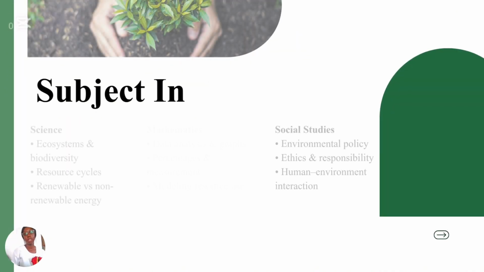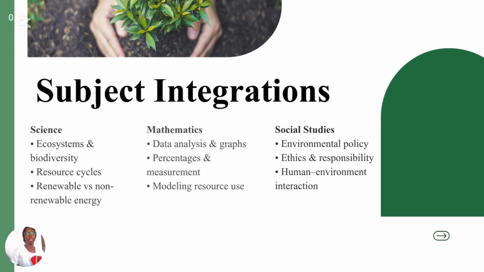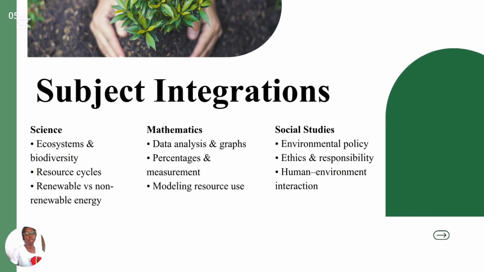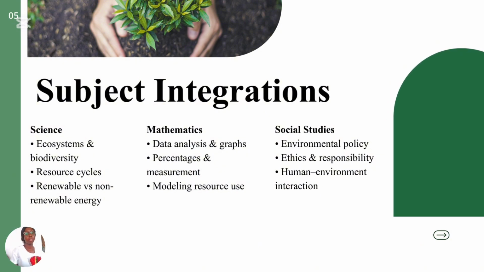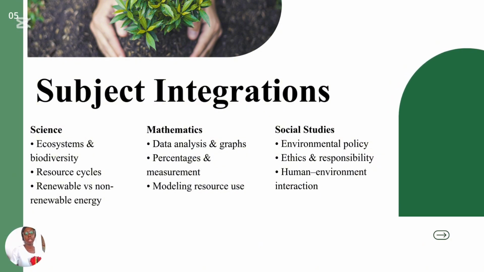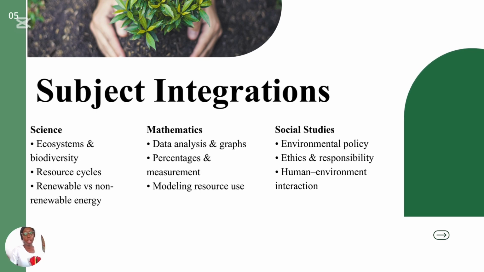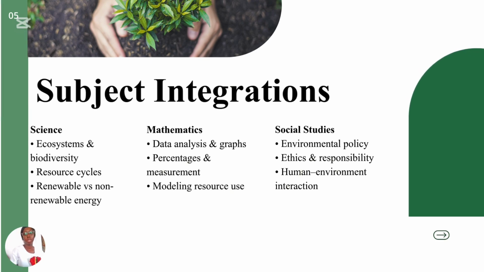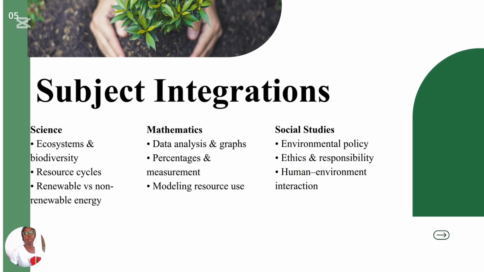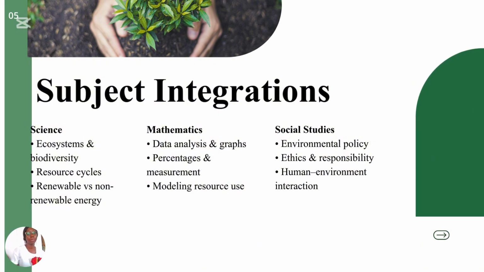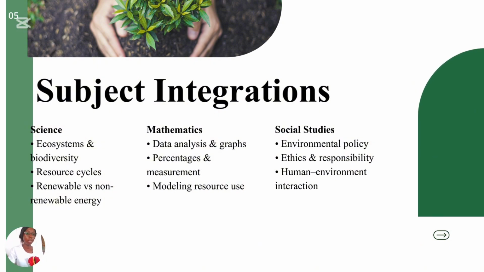Now, let's dive into the details of how we're integrating these subjects to foster a comprehensive understanding of sustainability. First, in science, we're focusing on ecosystems and biodiversity, understanding resource cycles, and comparing renewable and non renewable energy. This knowledge is crucial for grasping the environmental impacts of our choices.